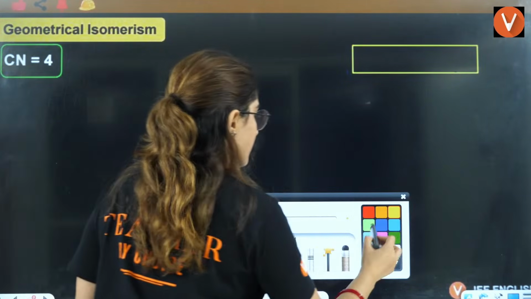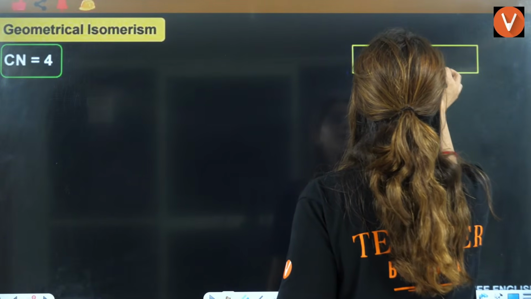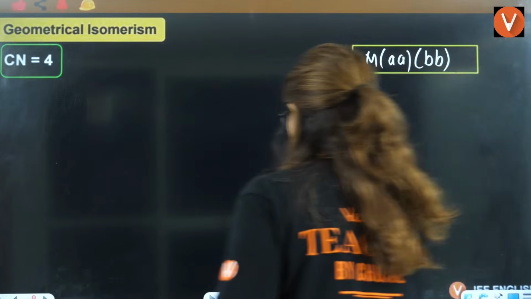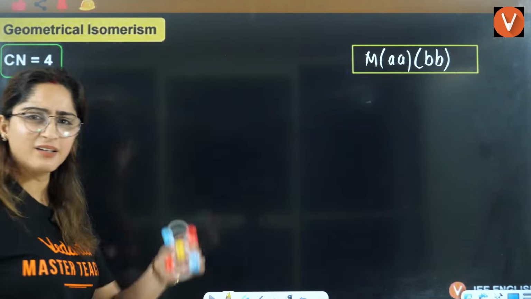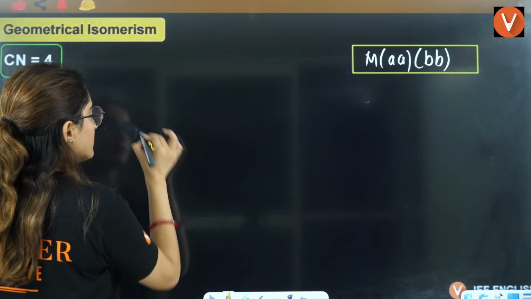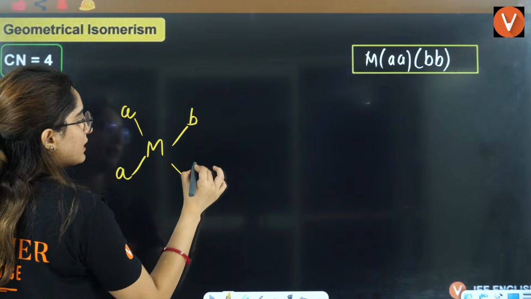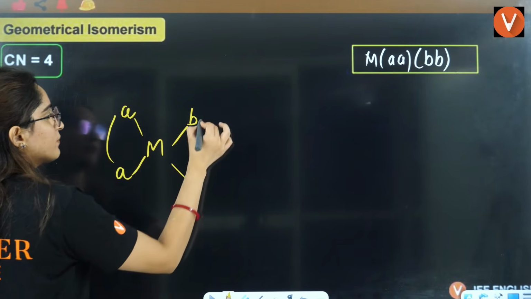This one is MAABB. Now, who can predict this? Instead of showing you this in 3D, it's not actually that needed. It's very simple, right? So it's AA and BB. AA is connected, BB is connected.